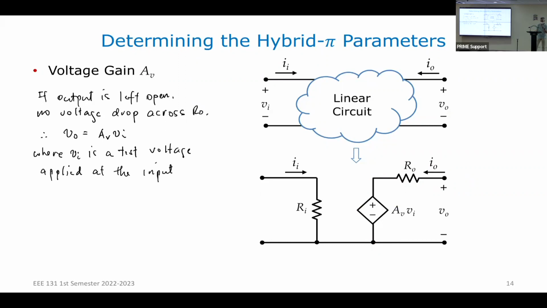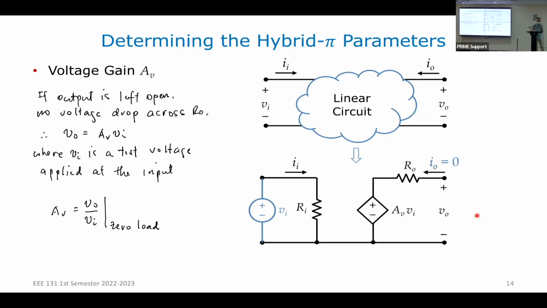Okay. So ito yung test voltage natin, I leave this open. So how do I compute for A V? A V is simply V sub O over V sub I, okay, at zero load. What is zero load pag Thevenin?